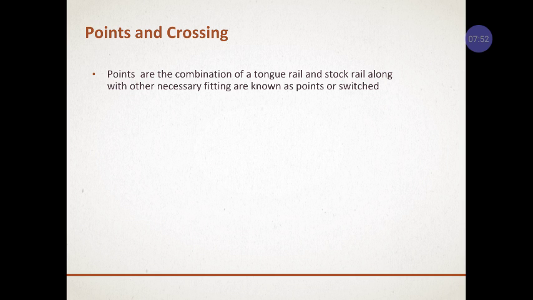So now you might ask, what is a tongue rail and what is a stock rail? In the next slide itself we have a picture in which we'll explain what is the stock rail, what is the point rail, what is the wing rail, what is the check rail, what is the nose, everything will be told to you. Just understand that the combination of tongue rail and stock rail with other necessary fittings together is called points or switches.